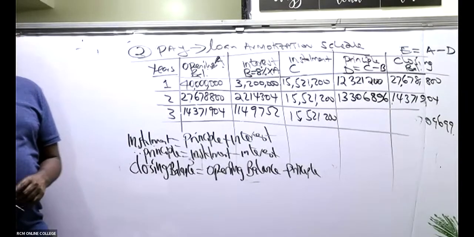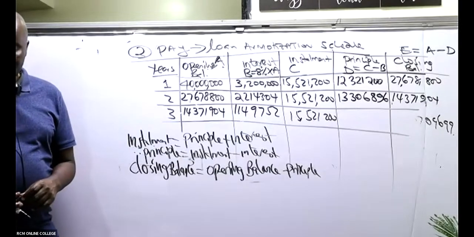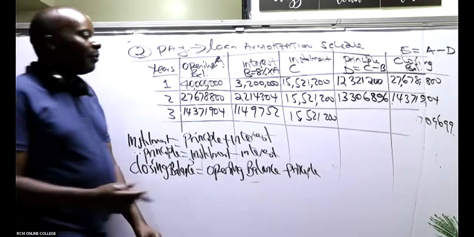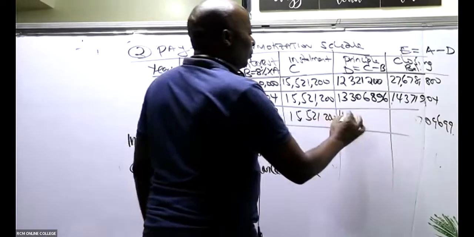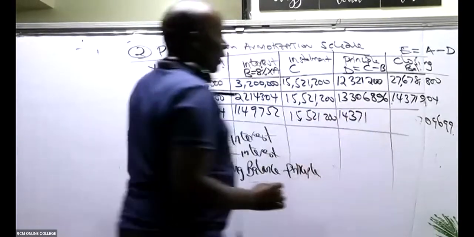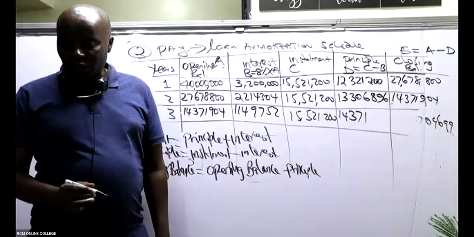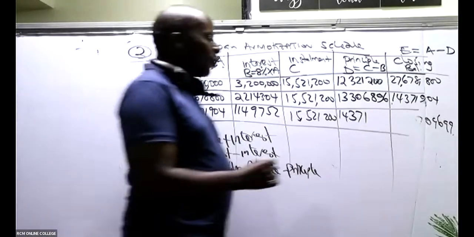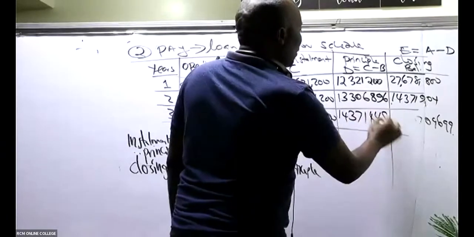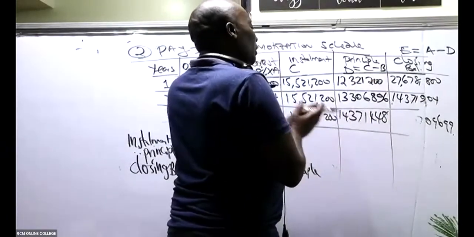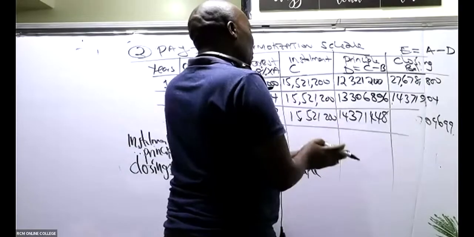So you're getting here 14,371,448. And once I get this figure, straight away I know how to get the closing balance.